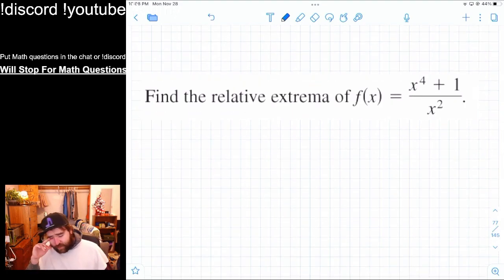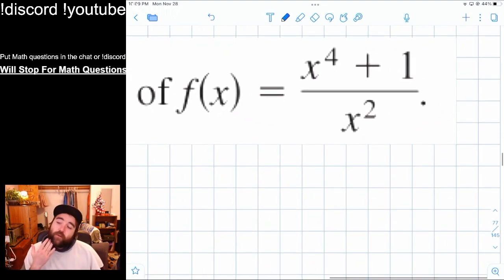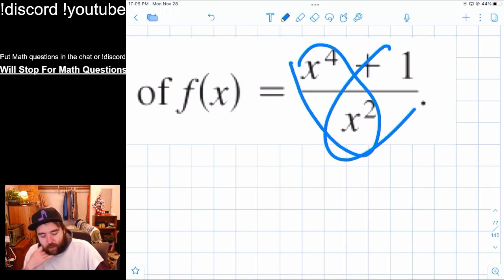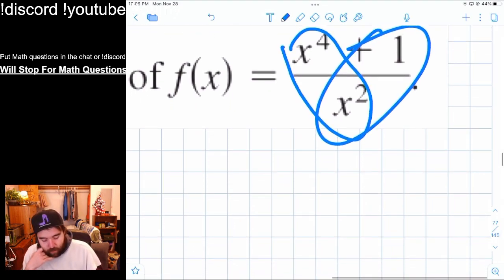Alright, so this next one we're doing the same thing. We've got to find the relative extrema. So we've got to take the derivative, see when it's 0, see when it's undefined. So now, how do you want to take the derivative of this? Do you want to use the quotient rule? Or I think you'd have a little bit of a shortcut if you split it up.